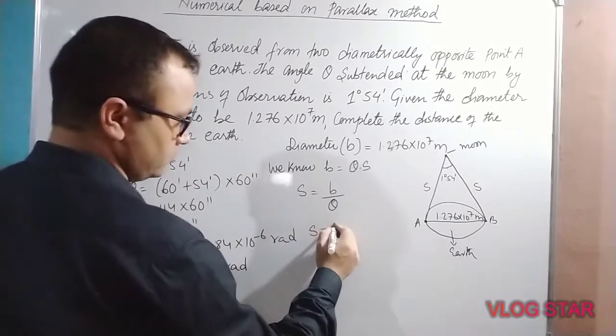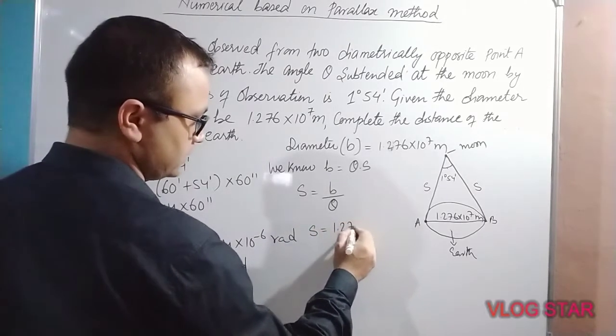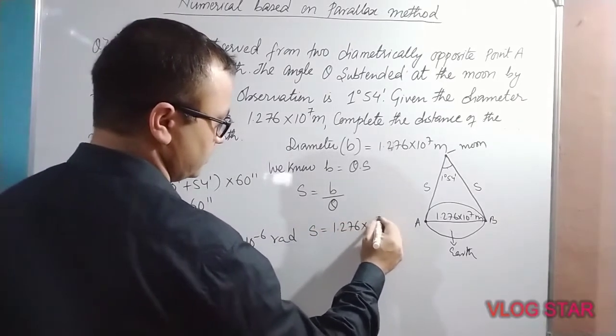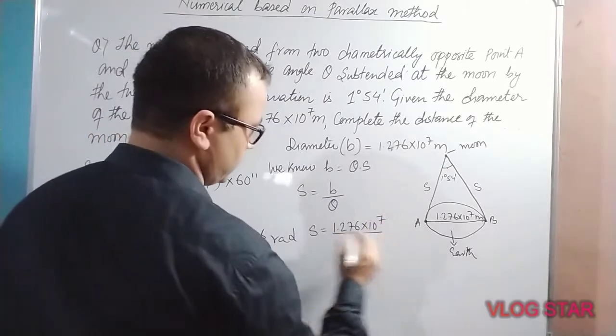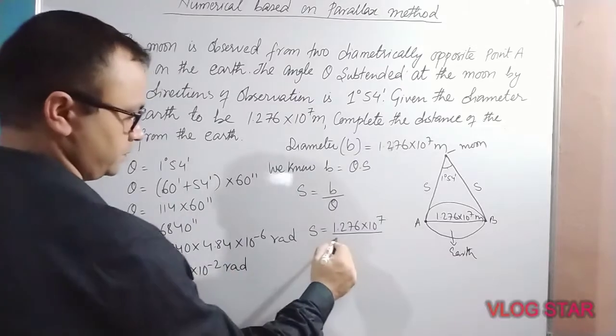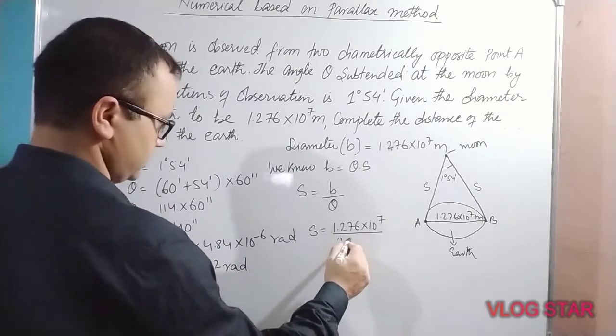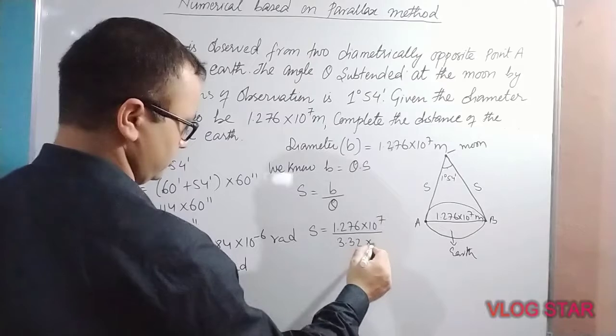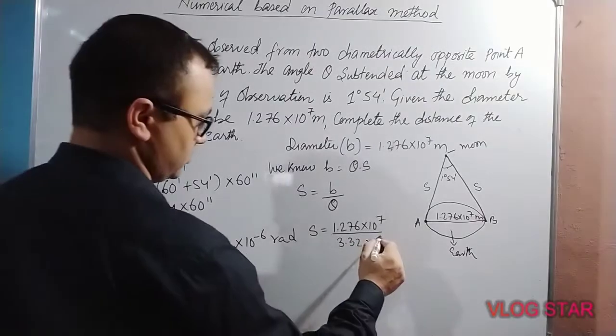So put the value: 1.276 into 10 to the power 7 divided by theta, which is 3.32 into 10 to the power minus 2.